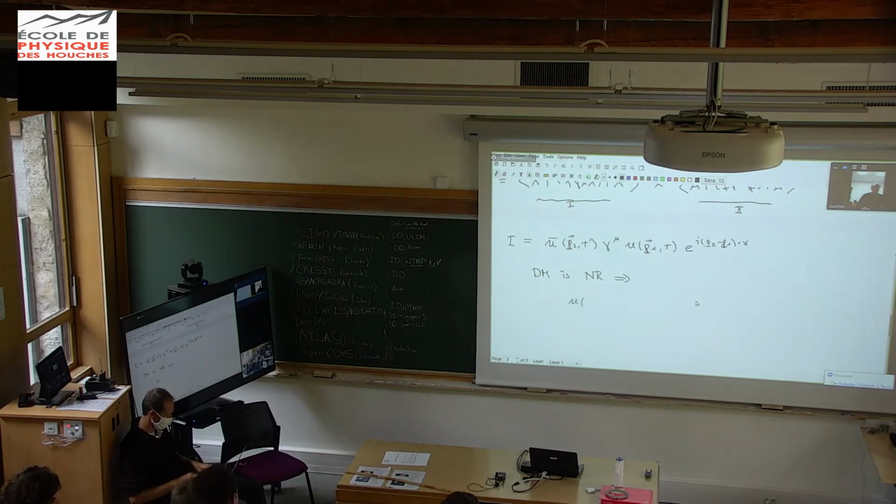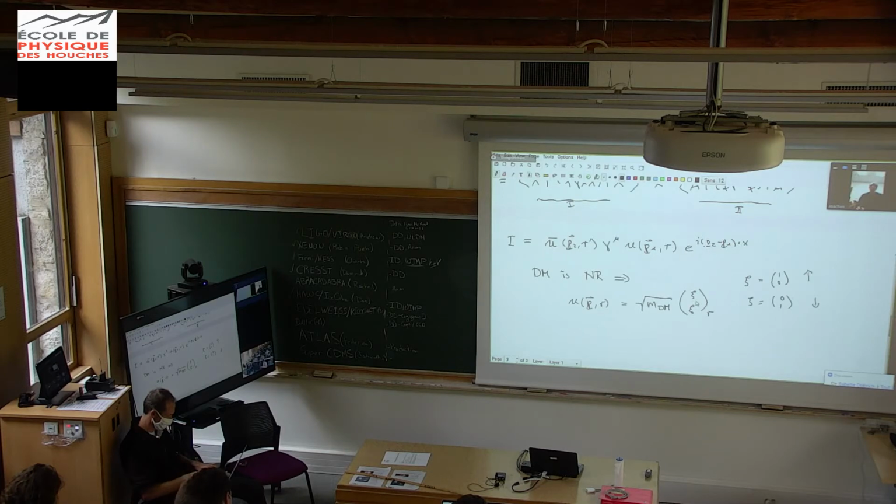So we write that u of p r is just a normalization factor, which is the square root of the mass of the dark matter times a Dirac 4-component spinor. So r is just the index of these spinors. So xi is just, if you choose an axis, then xi equals (1, 0), which just means spin up along, let's say, the z direction, and xi (0, 1) means spin down along the z direction.